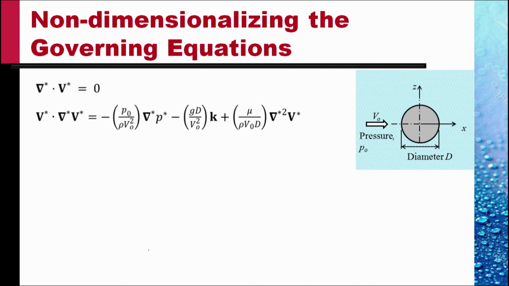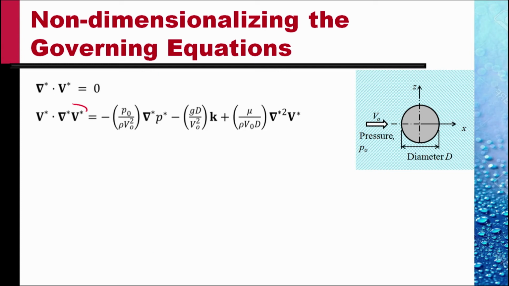So now if we do those transformations, the non-dimensional governing equations look like these. Here we have made the coefficient of the first term on the left unity, and we have arranged the equation in this fashion.